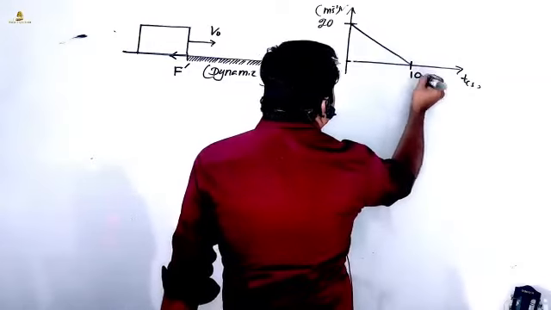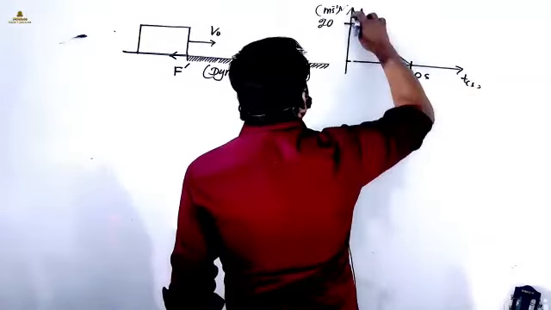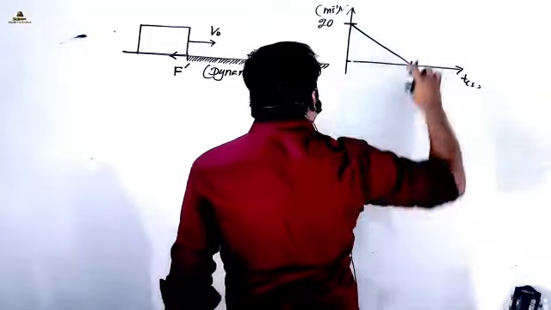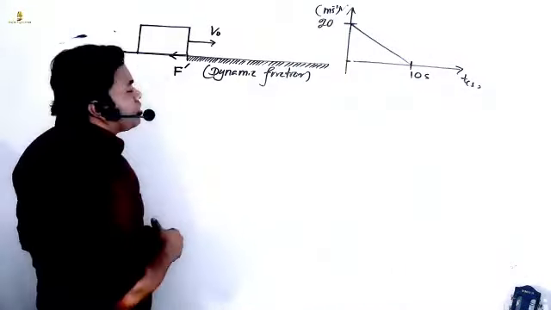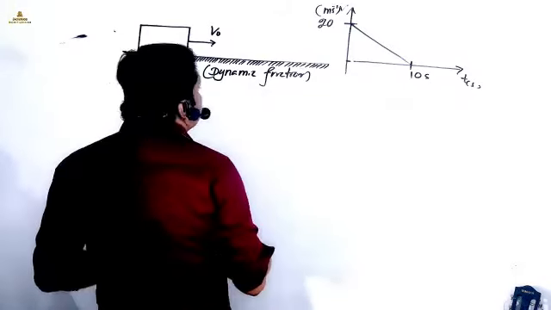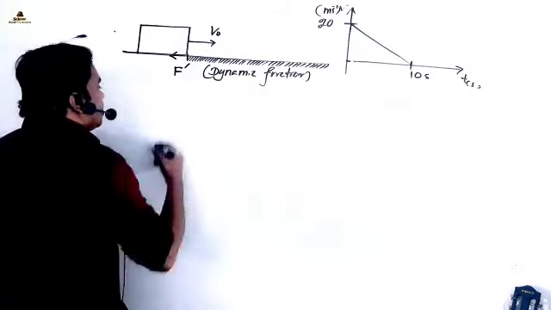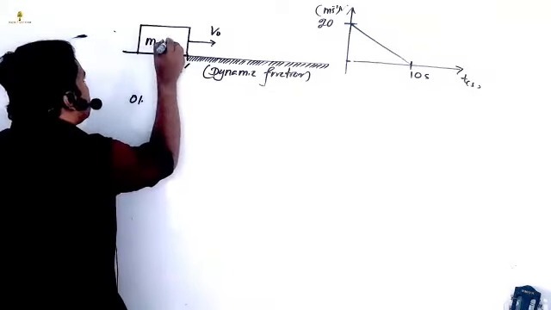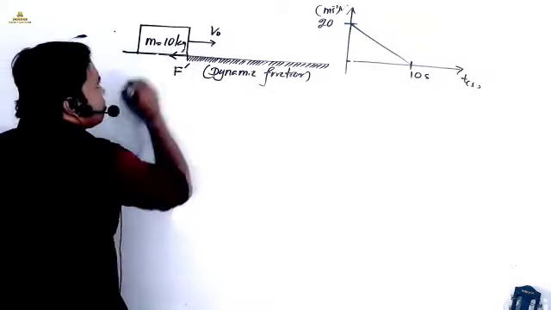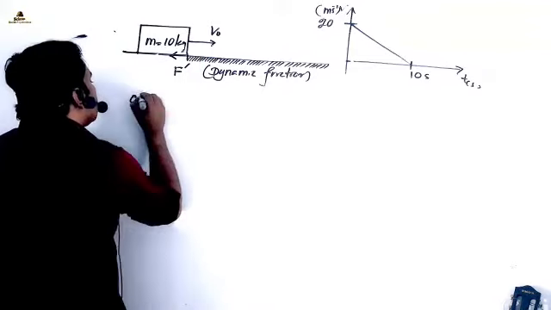After 10 seconds of duration, this object has completely come to rest by decreasing its velocity to 0. So you have to calculate first, if the mass of this object is 10 kilogram, the first one.